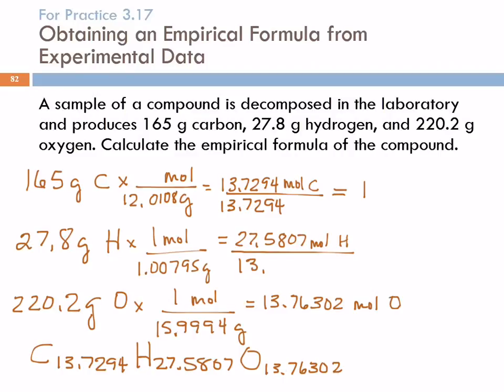I'm going to divide this one by 13.7294. When I do that, 27.5807 divided by 13.7294 equals 2.0089.